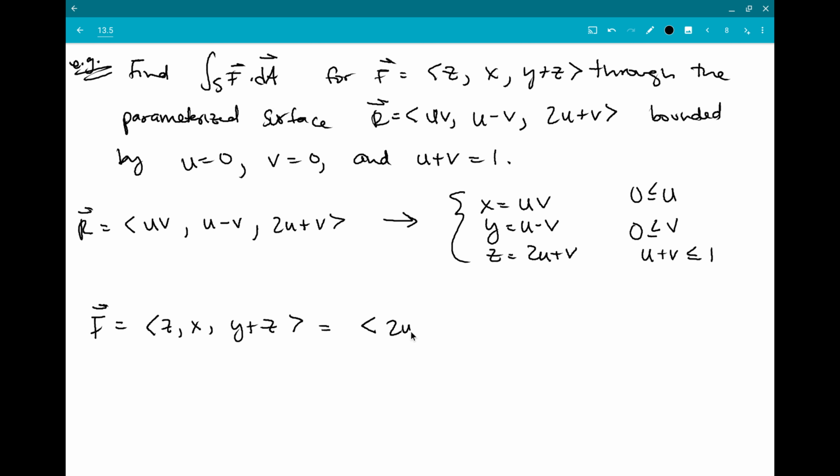So z was 2u plus v, x was uv, and y plus z is going to be u minus v plus 2u plus v. So that's going to be 2u plus v, uv, and 3u right there.